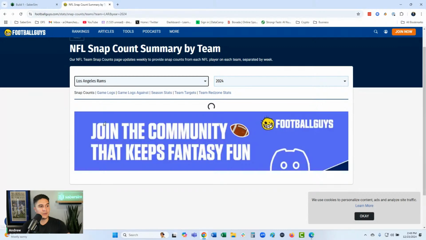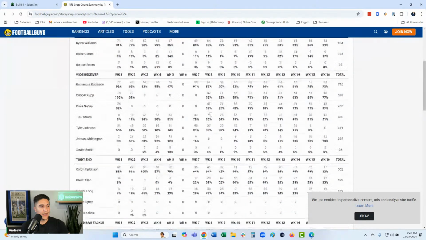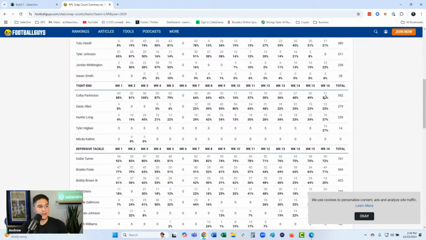So then I would go to the Rams and look, right? Okay. Parkinson played 33. Allen played 23. Hunter Long played 37, and then Higbee played 27. Okay. So snap counts were kind of in line. You could go a step further, and I don't know where you would find this information, but I'm positive it's out there.